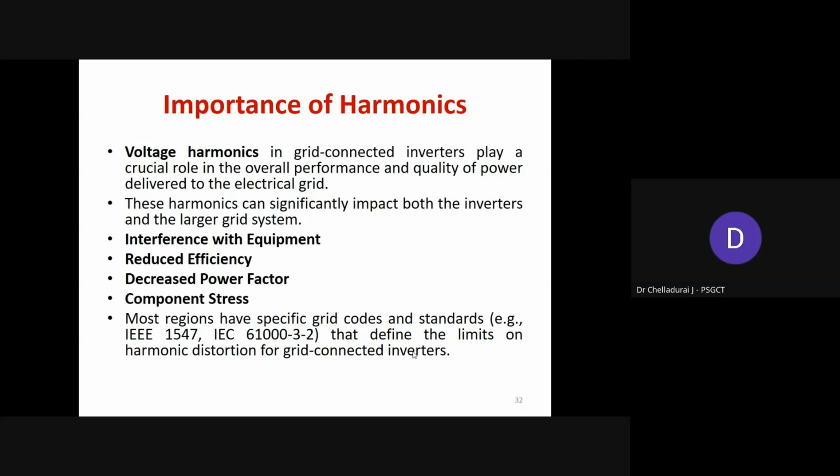Then the importance of harmonics: harmonics, or power quality, meaning voltage quality, is considered one of the very important power quality aspects. The reason is, with the help of a power electronic converter, if we try to draw the non-linear current from the grid, then this non-linear current will change the actual voltage wave shape because of the source to load impedance.